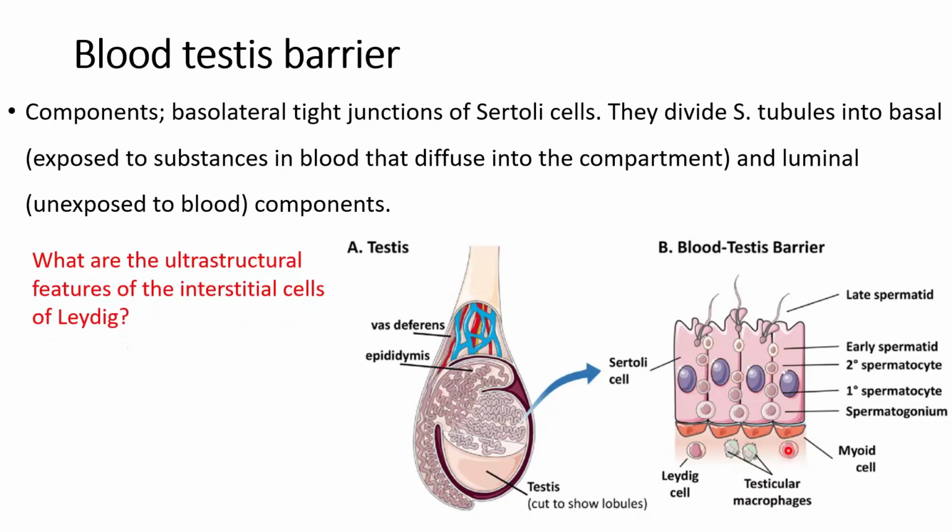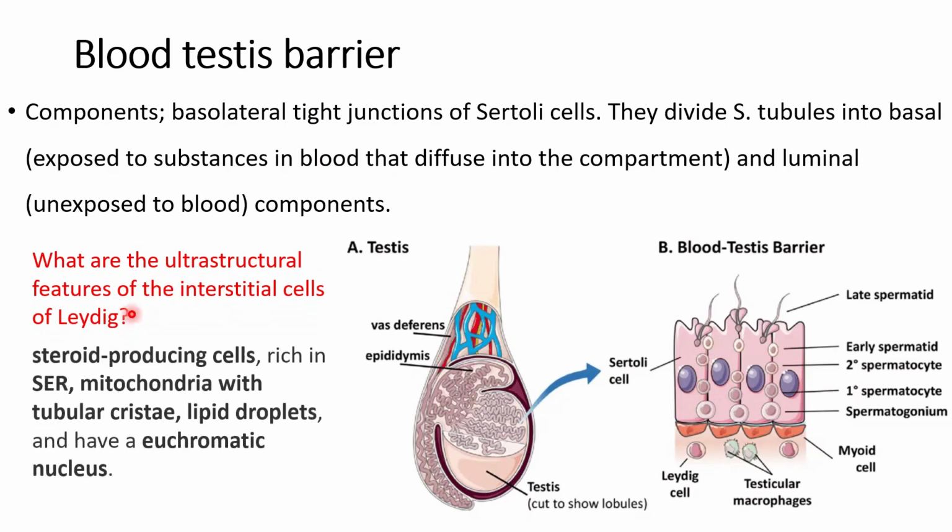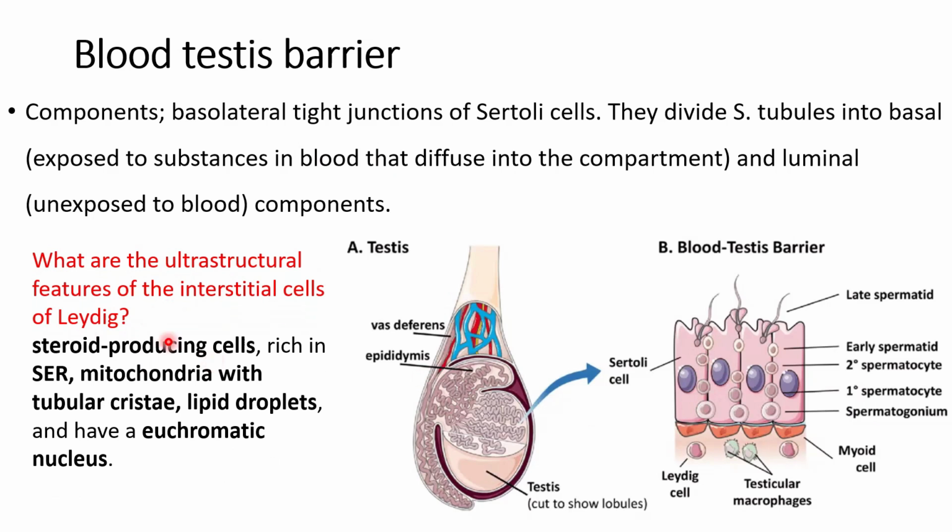In between, we talked about the presence of the interstitial cells of Leydig. What will be the ultrastructural features of the interstitial cells of Leydig? This is high yield. Given that they are steroid-producing cells, they'll contain rich smooth endoplasmic reticulum. Why steroid? Because they'll be producing testosterone.